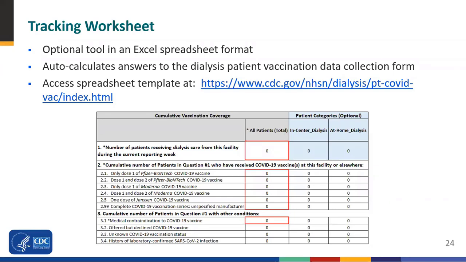The worksheet will automatically calculate data that should be reported to NHSN each week. Please note that CDC is currently making a few modifications to the worksheet. We hope to have this reposted to the CDC website by the end of next week, where you can access the worksheet template using the link listed on the slide.